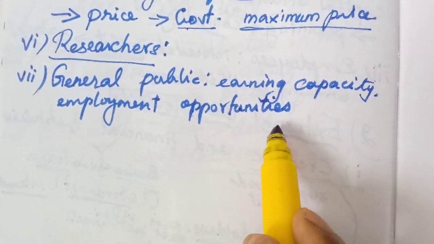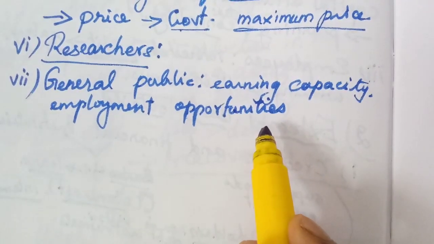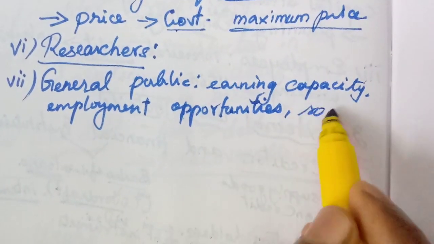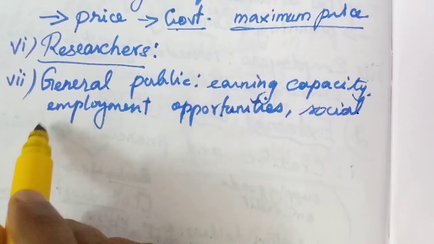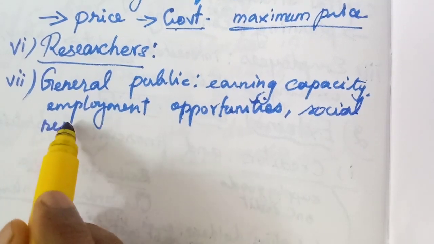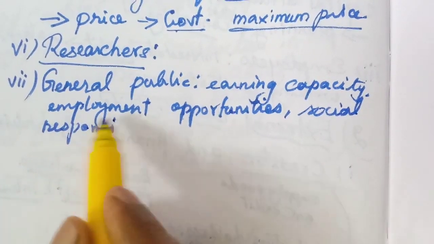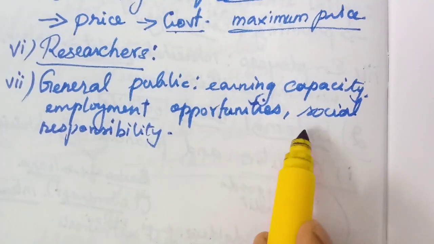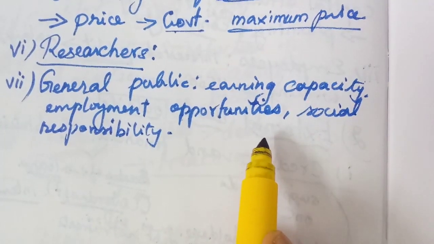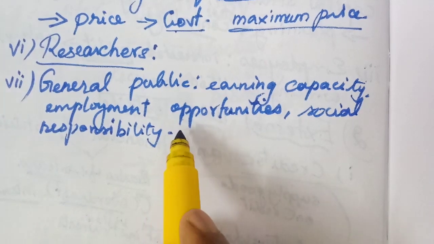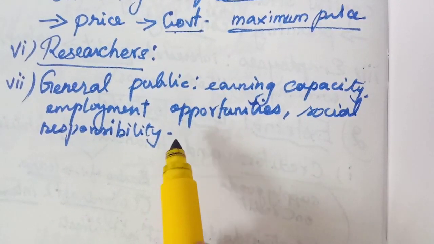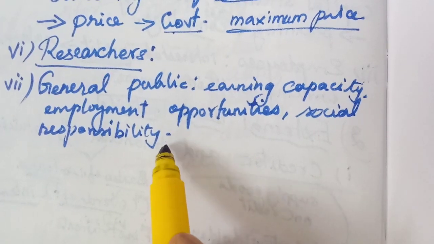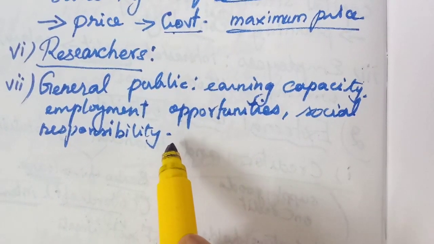Then they have to take some social responsibility towards the public. Social responsibility, because if a person runs a business organization in a particular location, the people who are living in that location should not be affected at any cost.